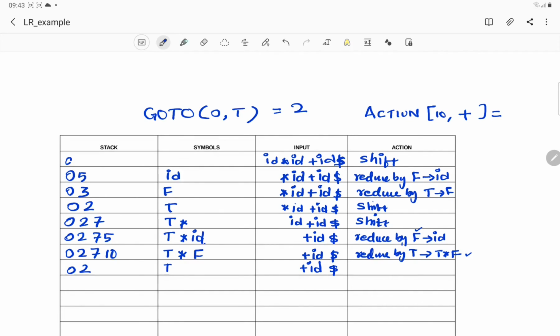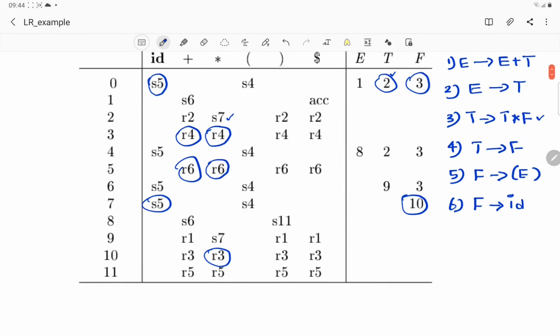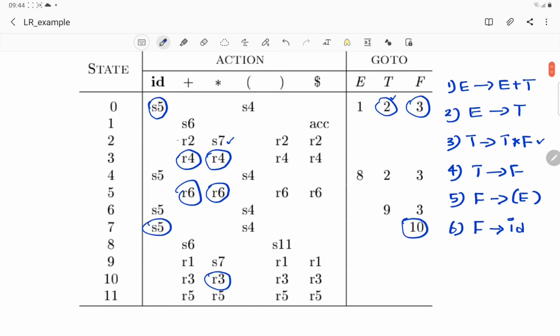So we have to consider action of 2 comma plus. 2 comma plus is this one, R2, reduced by production 2, that is E gives T.